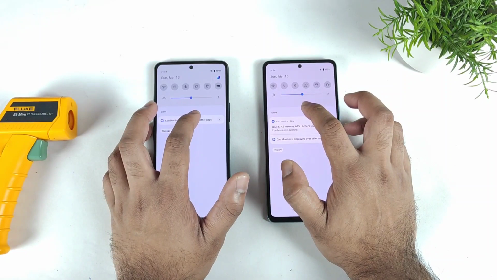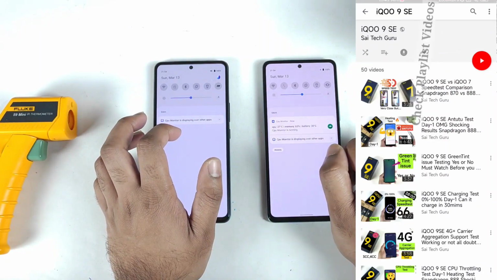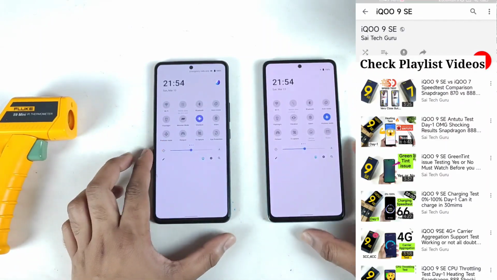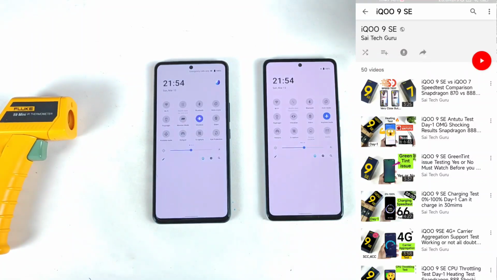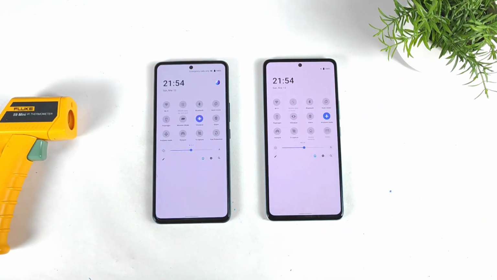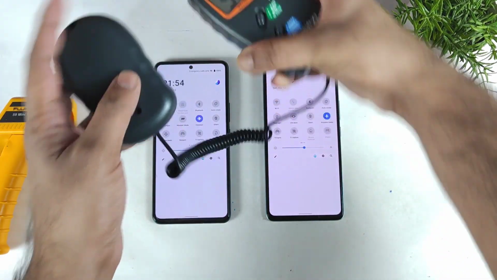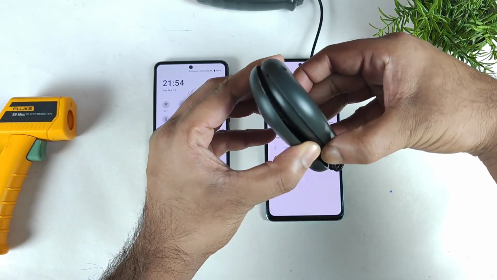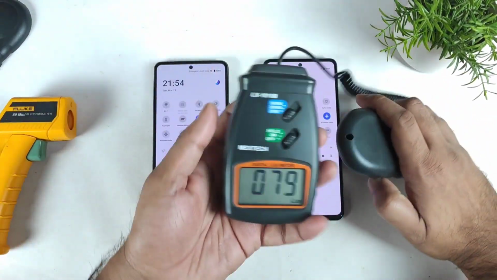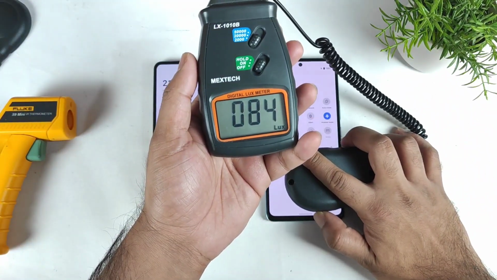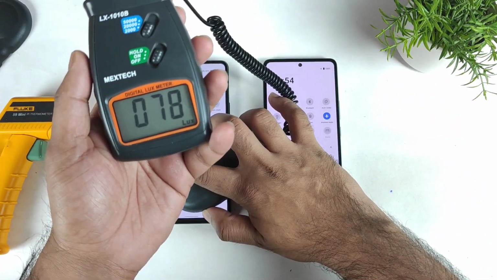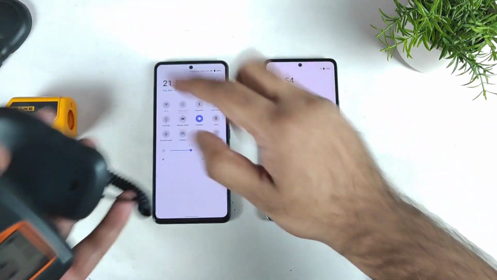I'll keep the brightness at exactly 50%, which you can see here. Let me measure the brightness readings using the brightness test meter. It should be somewhere around here. Yes, I got it. Right now I'll test what the brightness is. I just want to keep very equal brightness levels. Kind of very close, not bad.